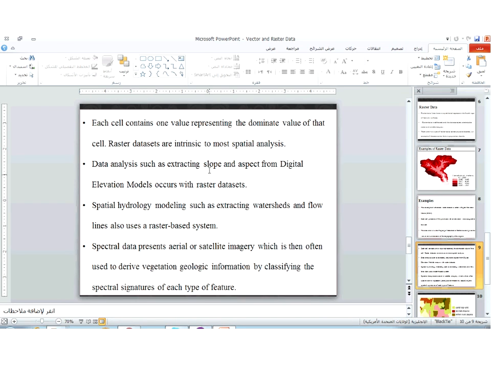Data analysis such as extracting slope and aspect from the digital elevation model occurs with the raster dataset.